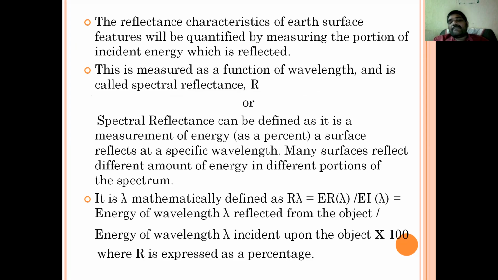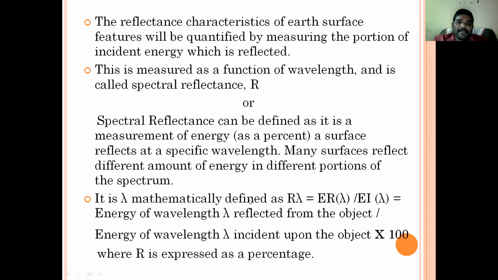It is mathematically defined as R lambda equals ER lambda by EI lambda, that is, the energy of wavelength lambda reflected from the object divided by the energy of wavelength lambda incident upon the object, multiplied by 100. How do we get it?